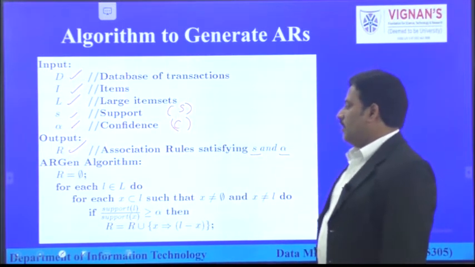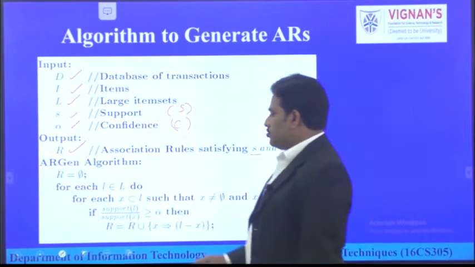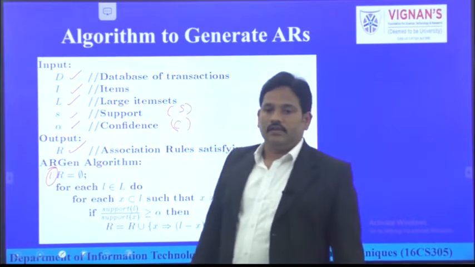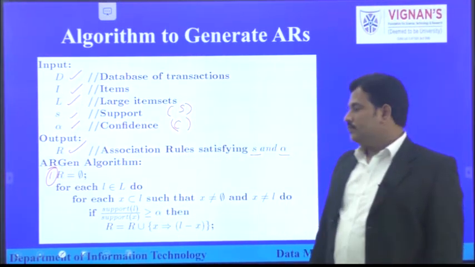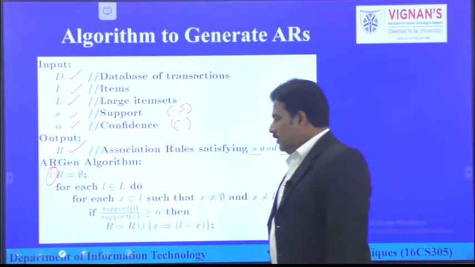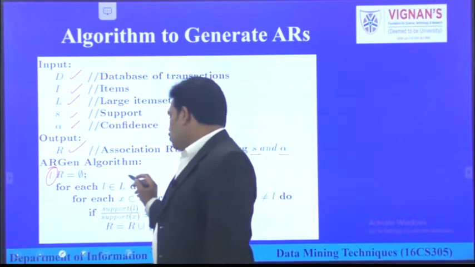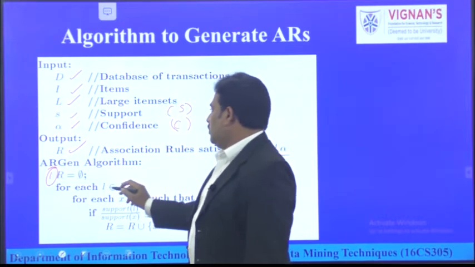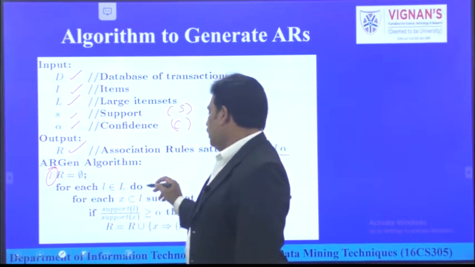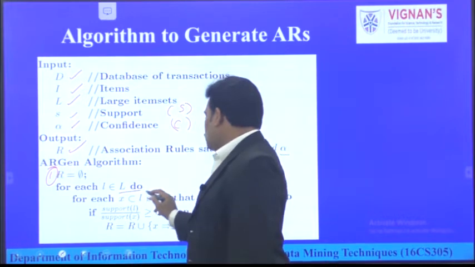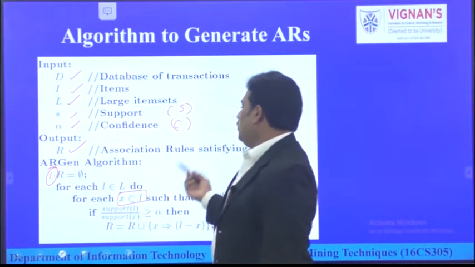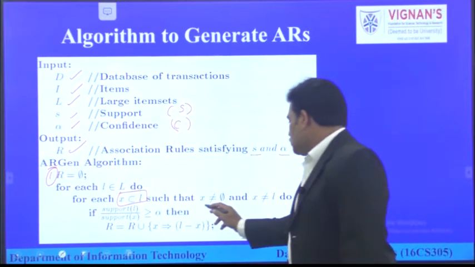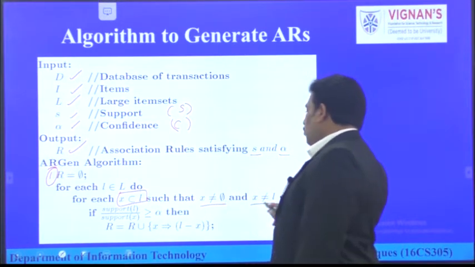Now, what is the formula here? Initially, we don't have any rules, so in the first step, R equals null (the empty set). Now, what we are doing: for each l belongs to L, where L is the large item sets, do for each x belongs to l, where x is the value you take in every iteration, such that x is not equal to empty and x is not equal to l.